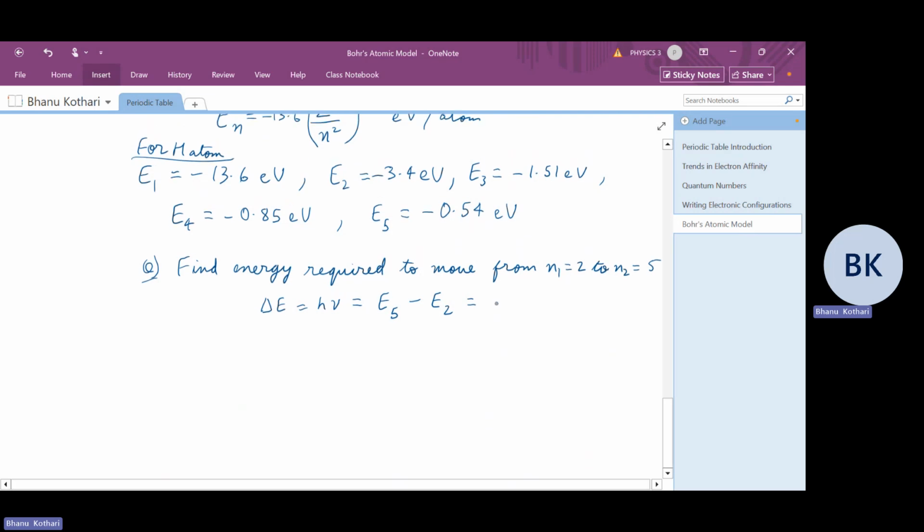The energy of the fifth orbit is minus 0.54, minus the energy of the second orbit, which is minus 3.4 electron volts. How much will it be? 3.4 minus 0.54 will be, right.